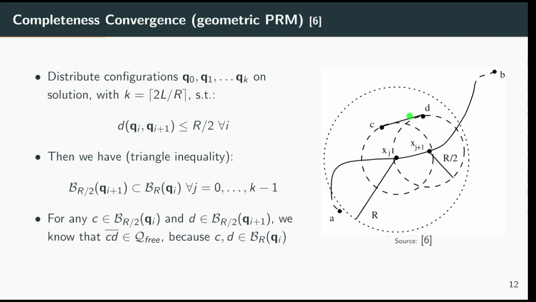And then if I connect them as a straight line, they're also guaranteed to be collision-free, just because the straight line segment is always guaranteed to be contained in this larger ball, and we said the solution is robustly feasible, which means this larger ball is definitely in free space.